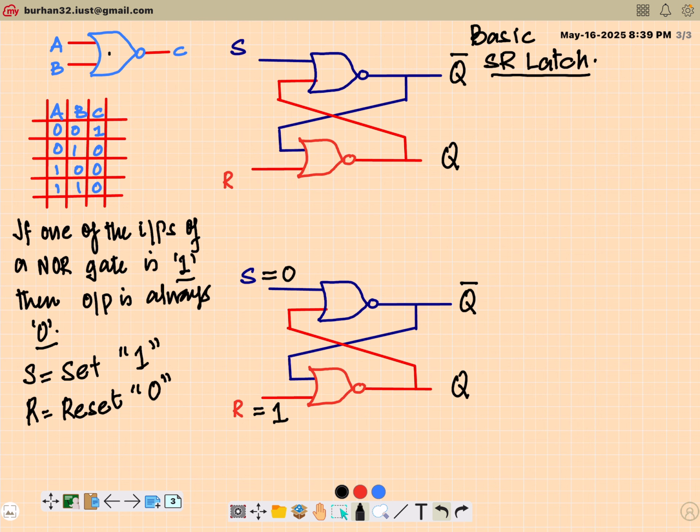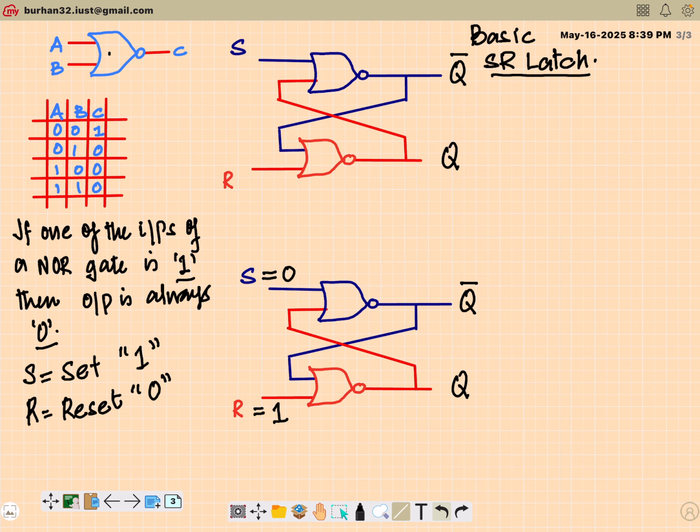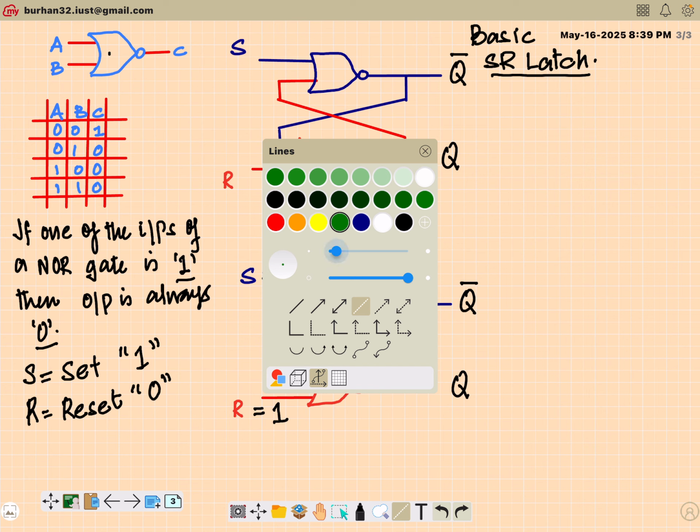So for this NOR gate, we will show it by a dashed line because one of the inputs is 1. So based on this input, this output will go to 0.